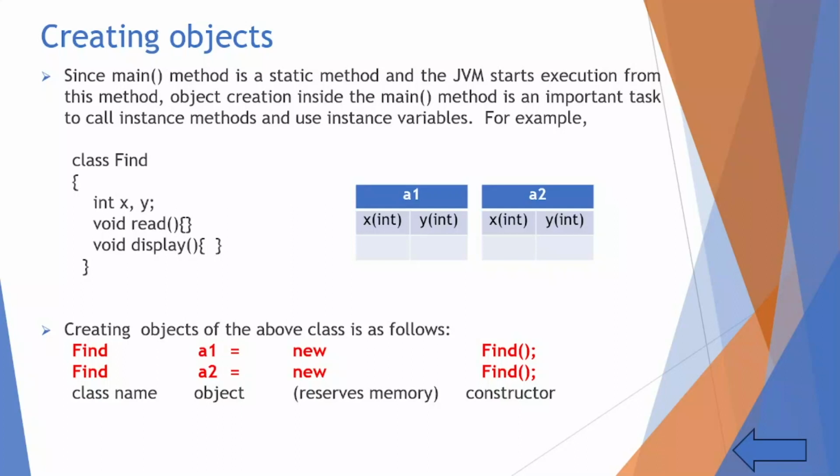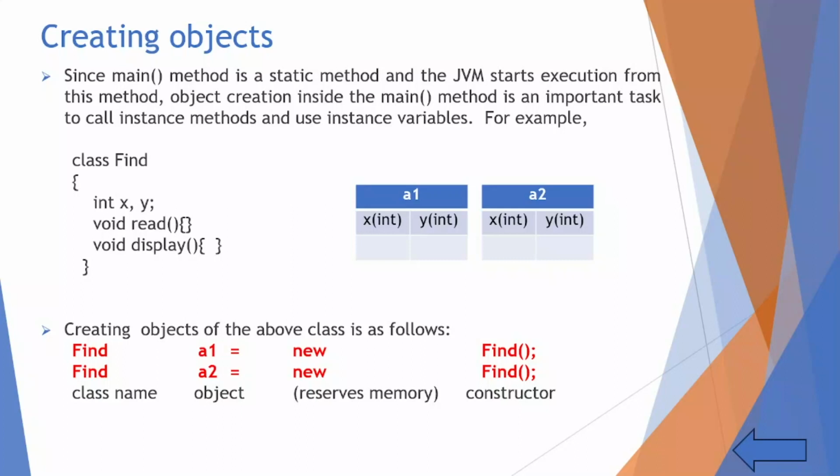But for a class, if we are declaring a variable, that is known as an object because it is a collection of variables. Now Find a1 = new Find(). New reserves memory. Find() is a constructor. A constructor is called upon object creation. We will discuss this a little later on.